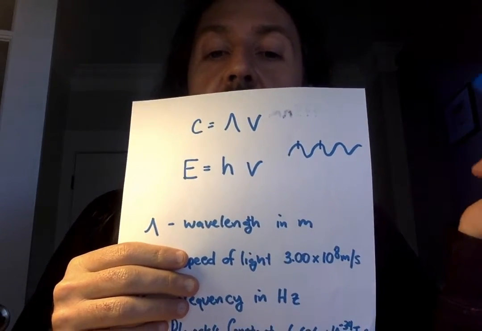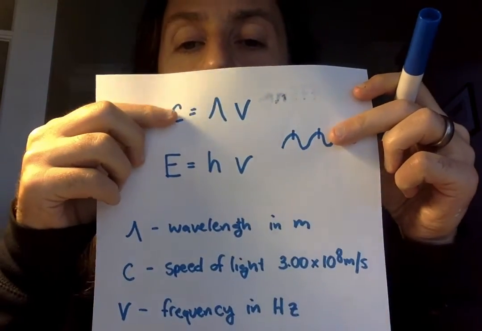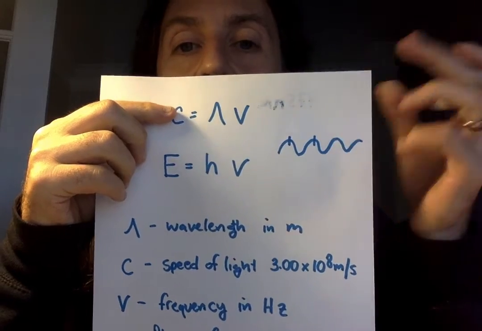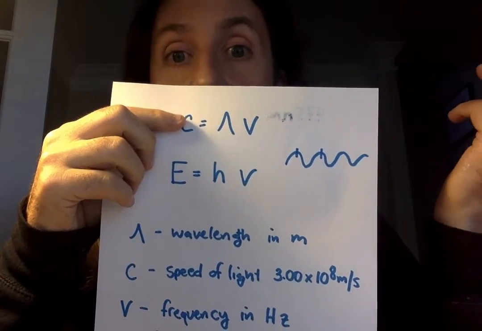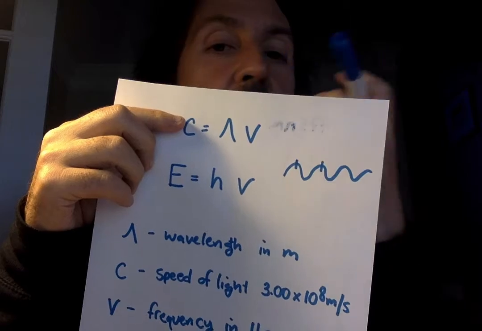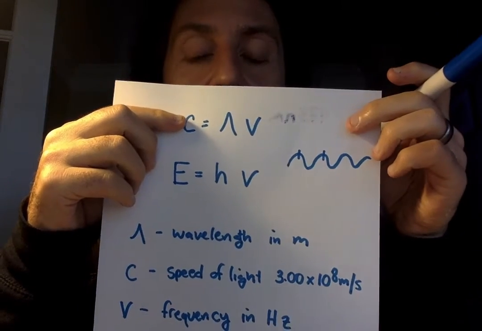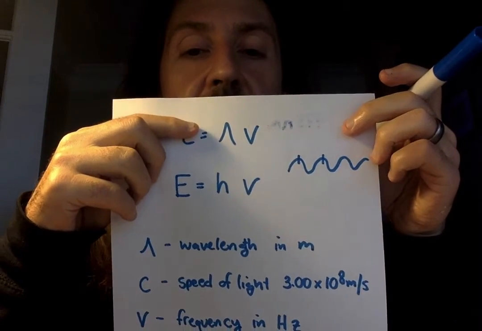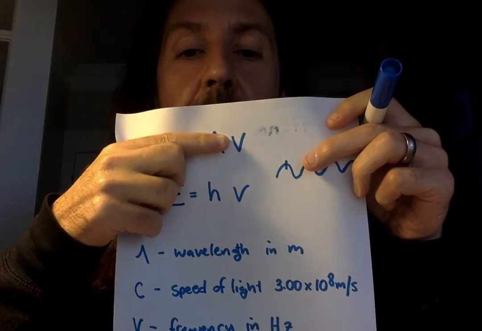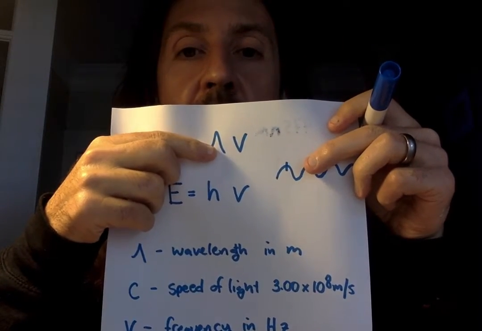Now, the answer is always 3 times 10 to the 8th meters per second in a vacuum. And most of these equations we're going to be assuming are going to be in a vacuum. And so the longer wavelength you have, the longer the waves, the lower the frequency because they're longer. And so not as many of them can get by a spot in a certain amount of time.